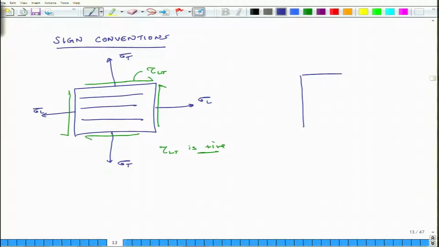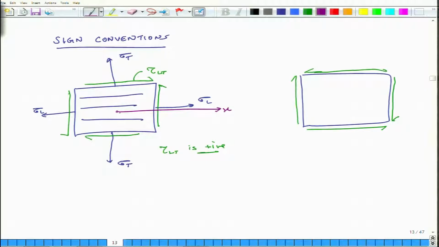This is our sign convention. What would be the case of a negative shear stress? In case of negative shear stress, it will be placed like this. Before that, we should specify what our axis system is. So, this is a positive convention, as this is positive x and this is positive y.